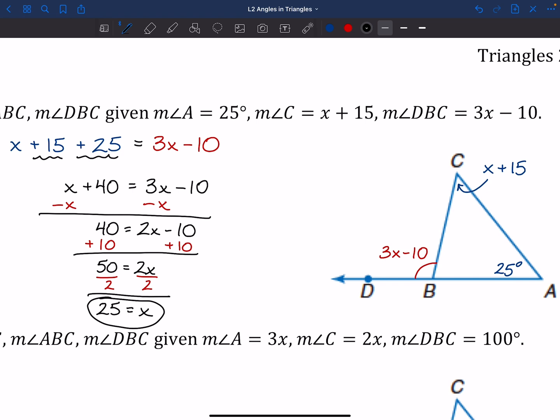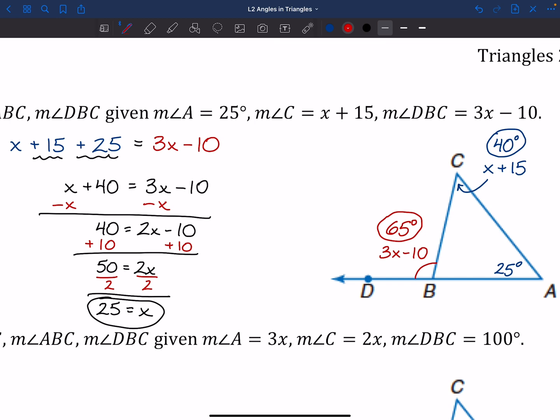So if I know that x is 25, then this x plus 15 that's up on the right side of the screen, 25 plus 15 will give me 40 degrees there. If I know that that's 40 and the other lower interior angle there is 25, if I add those together, I know that this one on the outside should be 65 degrees.